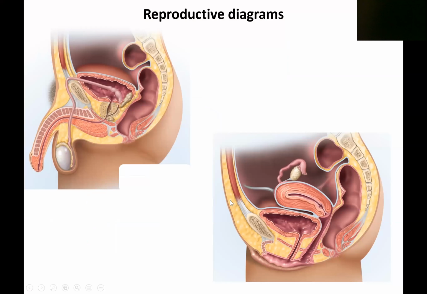Okay, this is the recording for the female reproductive system, which is chapter 28. And we'll use this diagram down here in the lower bottom.